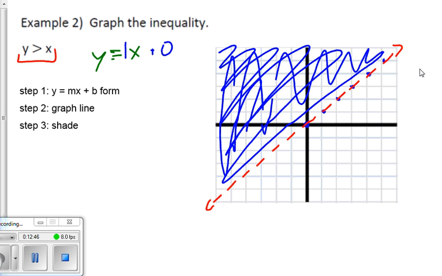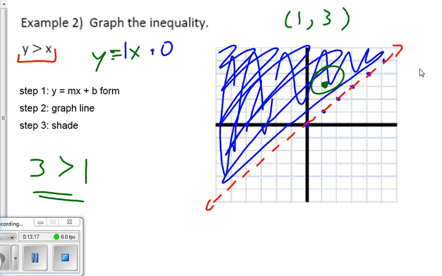Let's check one of these points, right here, which is (1, 3). That is in our shaded area, so that should make our inequality true. y is 3, which is greater than x is 1, and that's true. That's why this spot should be shaded.